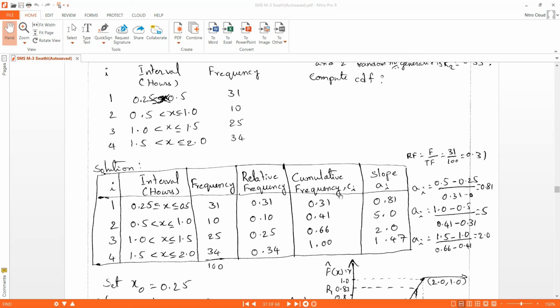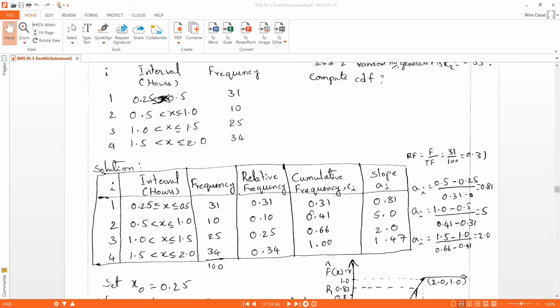Okay, now we'll find the cumulative probability. If you have the frequency, how do you find the cumulative frequency? For the first one, the relative frequency is the same as the cumulative frequency, so we write 0.31. For the next cumulative frequency, we add the previous cumulative frequency and the present frequency.